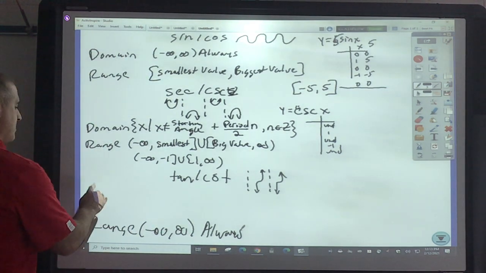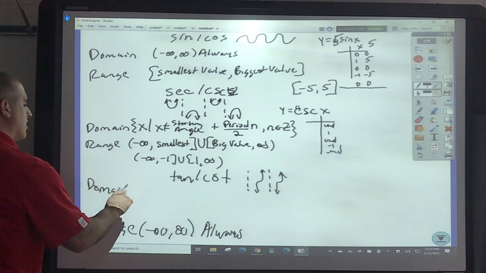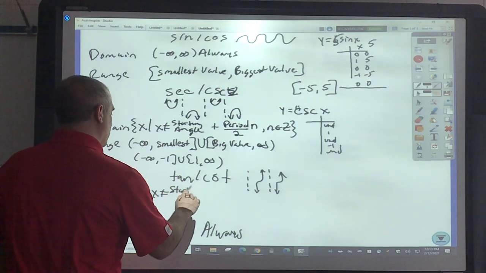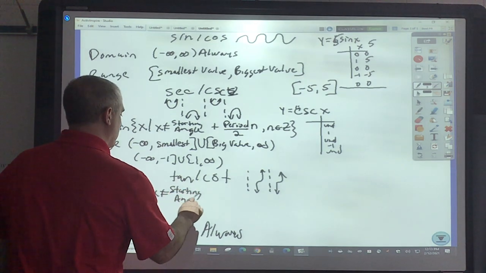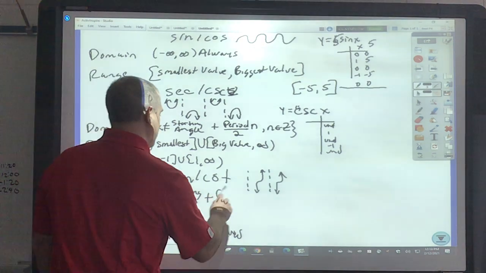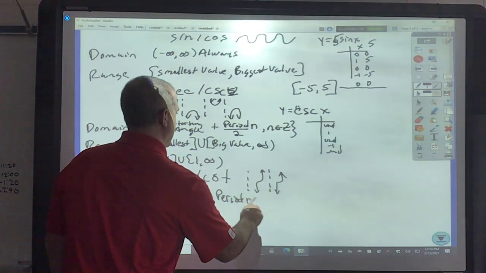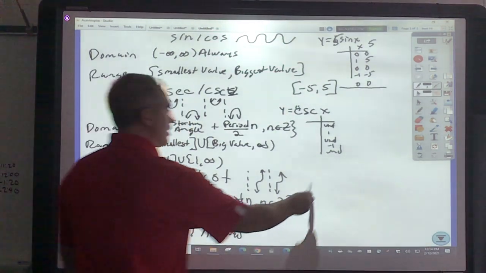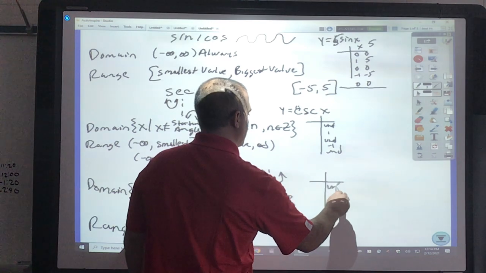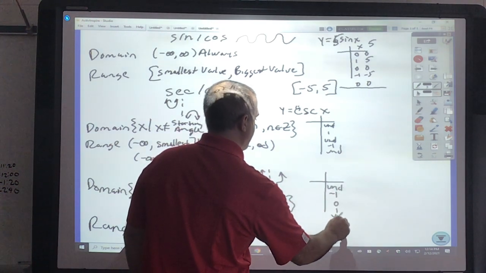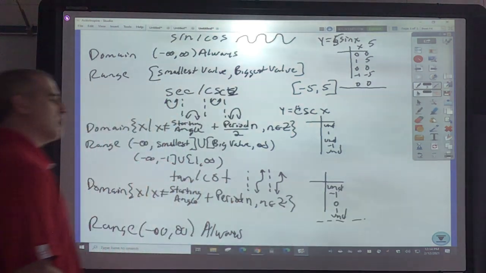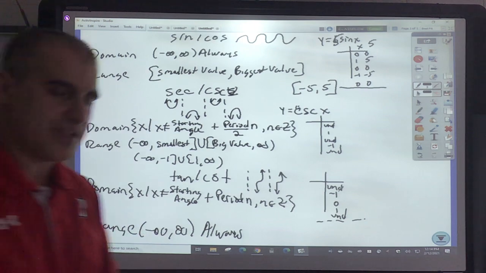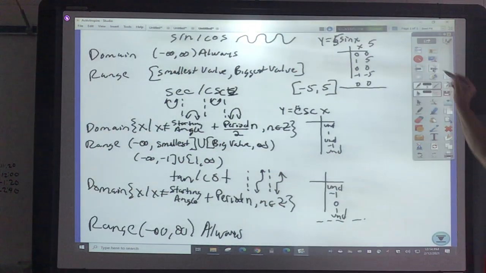The domain is similar to how we figure out secant and cosecant. x such that x can't be our starting angle plus the period times n, where n is an element of integers. The reason is that on the tangent graph, we go undefined, negative 1, 0, 1, undefined, and that's the end of the period. So all you have to do is figure out how to go from the beginning to the end. The idea of how these things are done will probably help you.